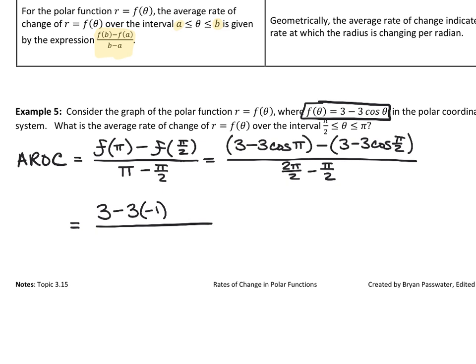Okay, and then I'm going to subtract 3 and make sure I distribute that negative sign so that it's plus 3 times the cosine of pi over 2. What is the cosine of pi over 2? Zero. In the denominator, I have 2 pi over 2 minus pi over 2, which means I'm just left with a single pi over 2.